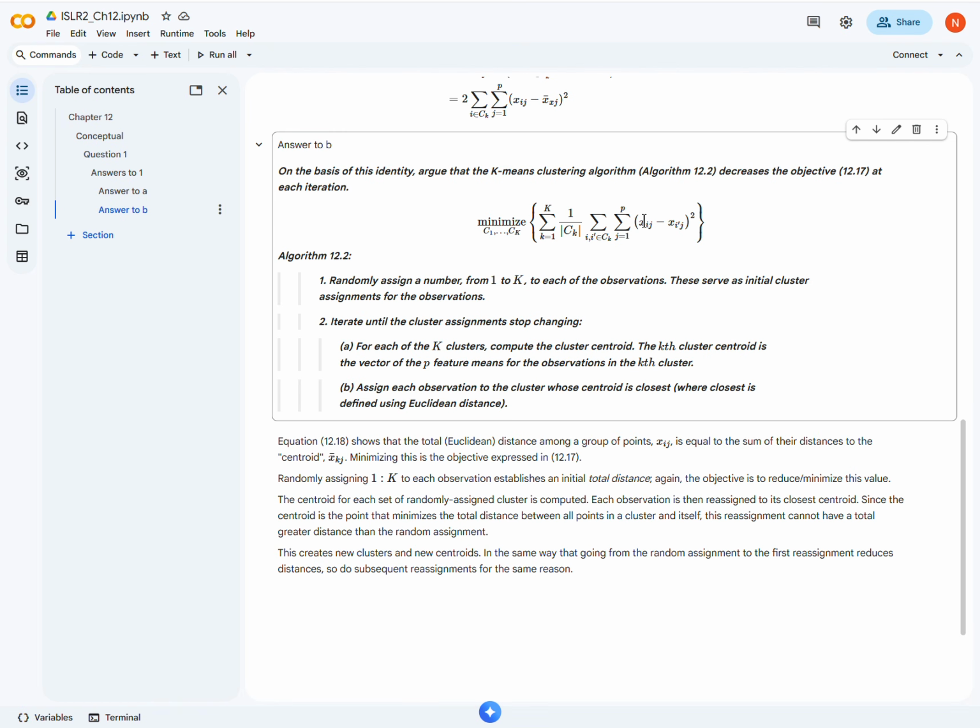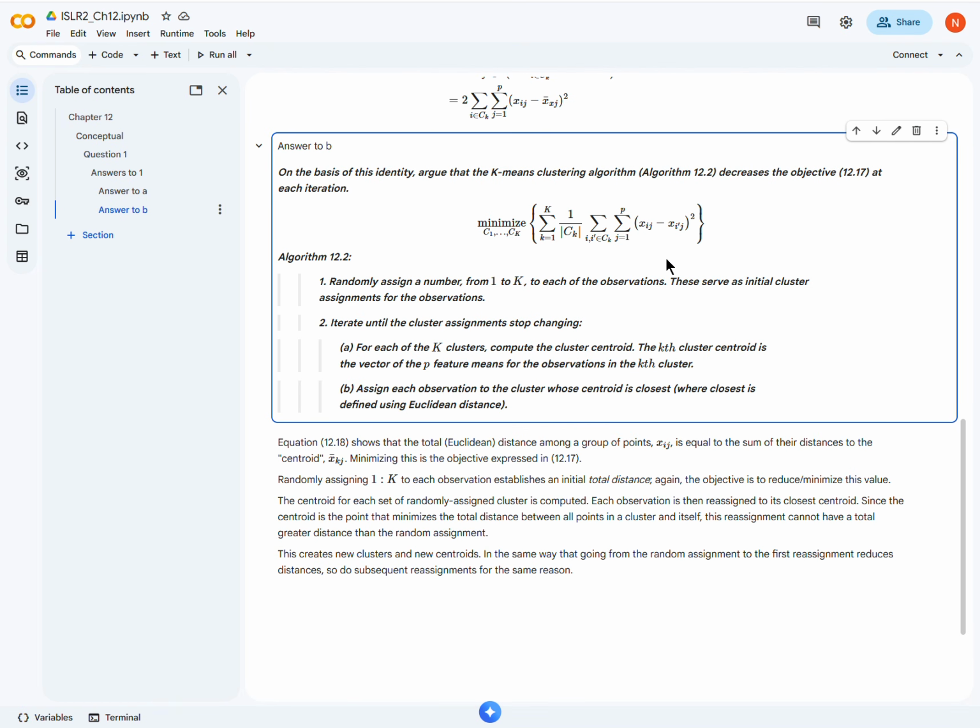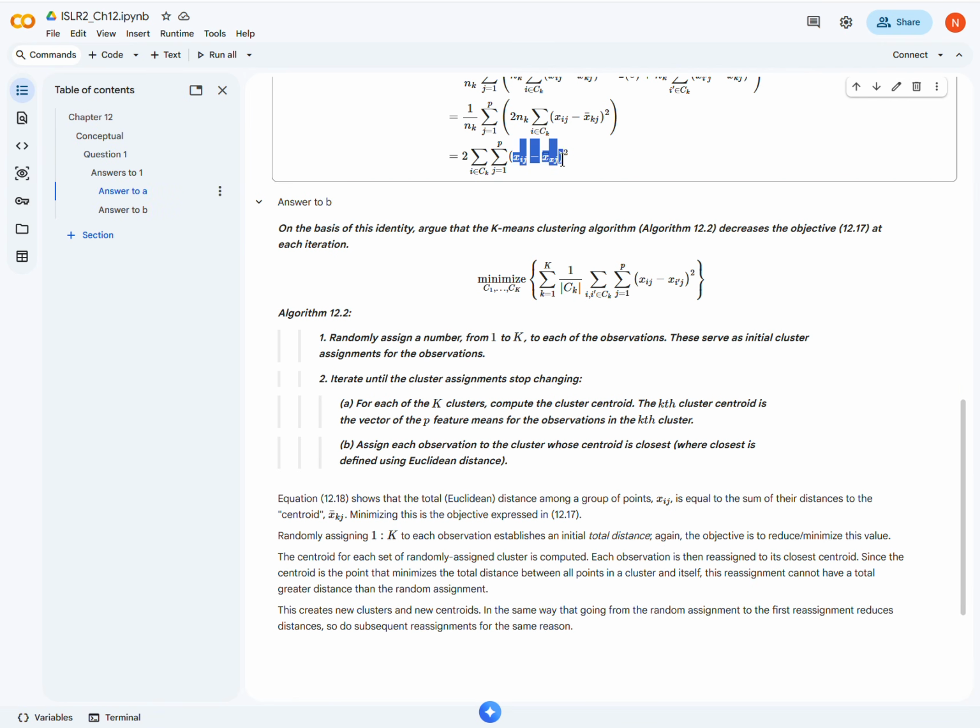Okay. Another way to say that is, not only is this parenthetical expression going to shrink, this expression is going to shrink, where the x bar is basically the centroid, right?